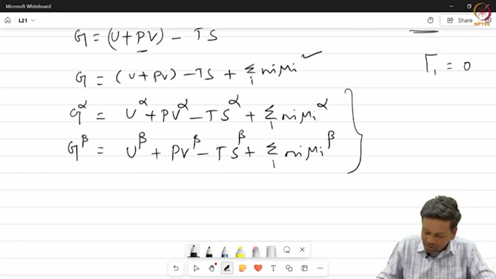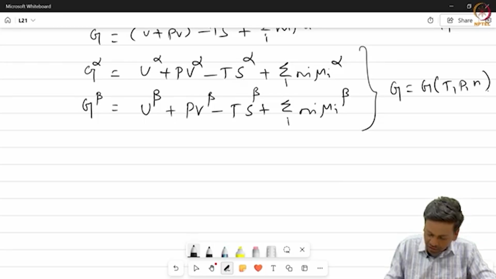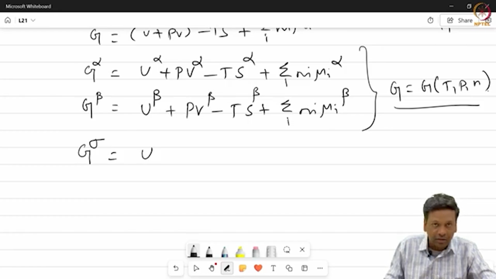If you look at these two cases, G is a function of T, P and N. Based on this you can write the Gibbs free energy equation for these bulk phases, whereas for sigma, which is the interface, you can also express this explicitly for the interfacial boundary.